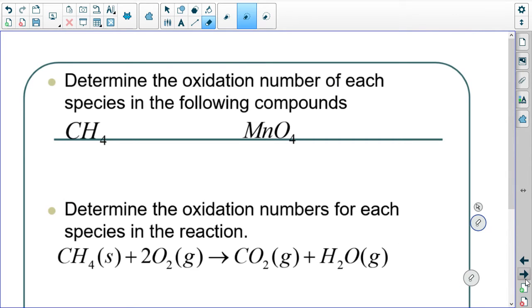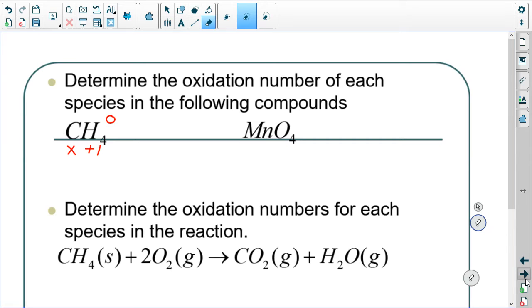So when we have something like CH4, the overall charge imbalance in this is zero, there's an even number of protons and an even number of electrons. We know hydrogen has a +1. I have no idea what carbon is, so I'm going to assign it X, because this is going to help me figure this out.